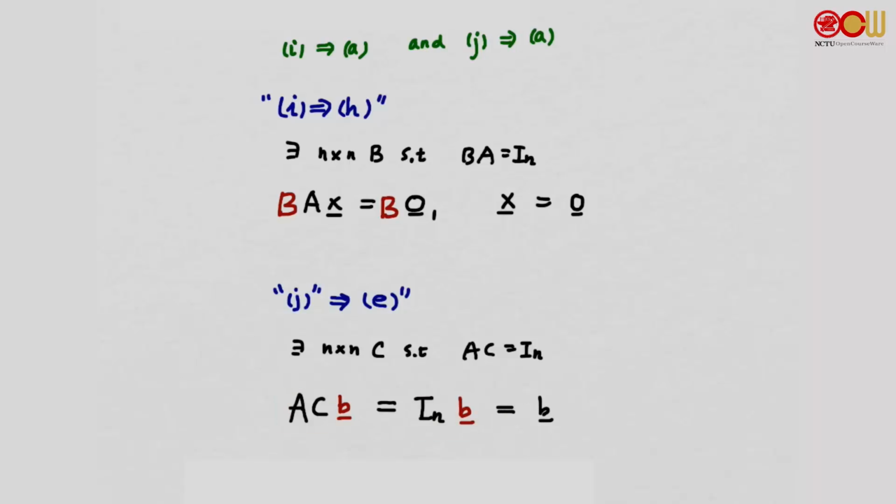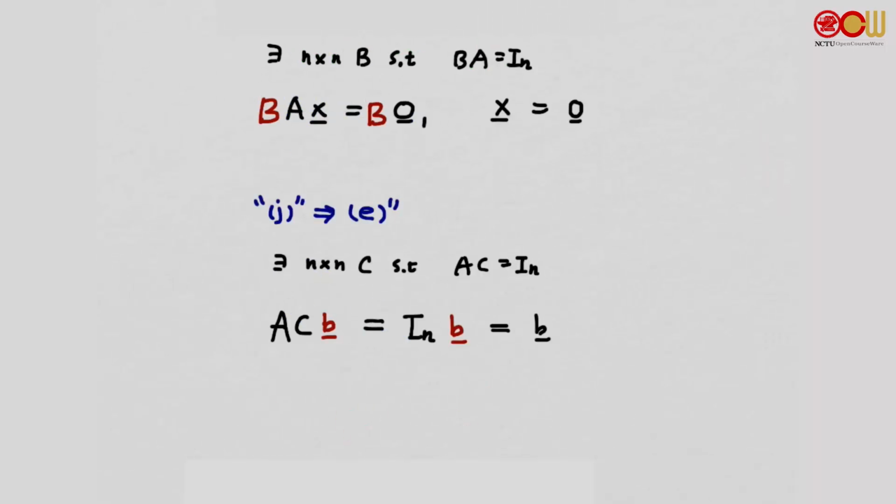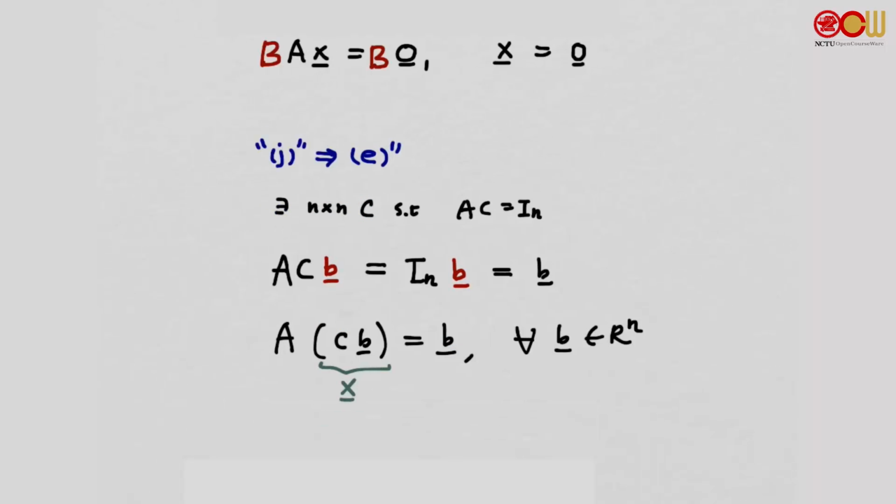Now we get the conclusion that A times Cb is equal to b, and this is for arbitrary b vector in Rn. What does this mean? Let's call this vector x. On the left-hand side, we have the matrix vector product equal to b vector, and this is true for all b in Rn.